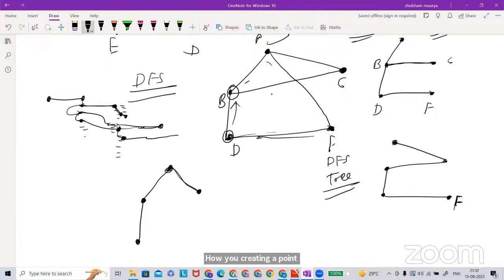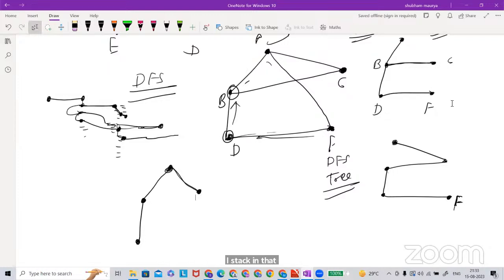Once you have a dead end, you go to the unvisited vertex and explore it. Sir, I understand BFS, but in DFS I'm stuck on whether there is an edge or maybe not.